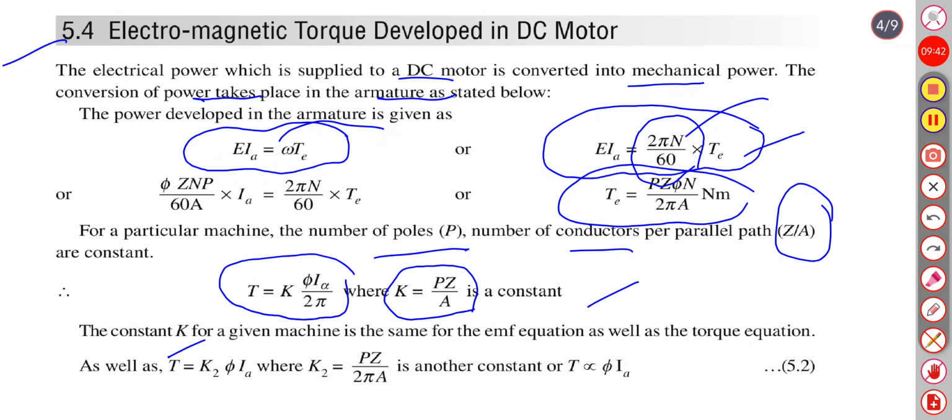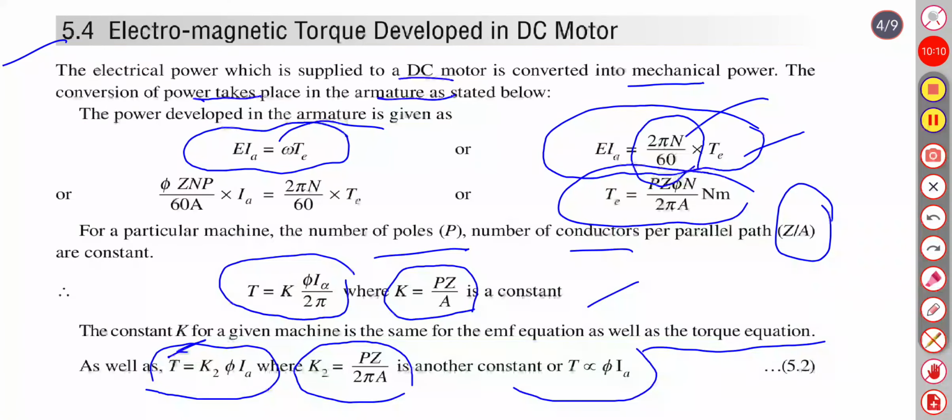The constant K for a given machine is the same for the EMF equation as well as for the torque equation. The torque equals K2 phi Ia, where K2 is nothing but P Z upon 2 pi A, another constant, or we can say that torque is just proportional to flux and the armature current.